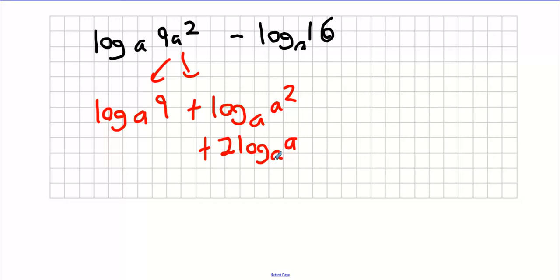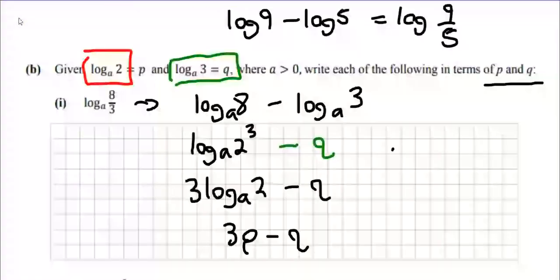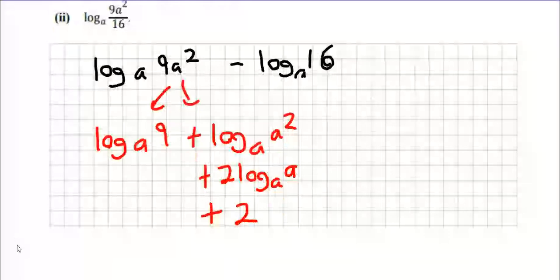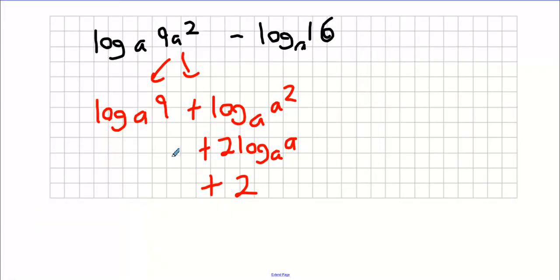So everybody understand that that's 2 times 1, which is 2. Okay. What can I do with the 9? There's no mention of 9, but there is a mention of 3. What? 3 squared? Okay. So it becomes 3 squared. Excellent.